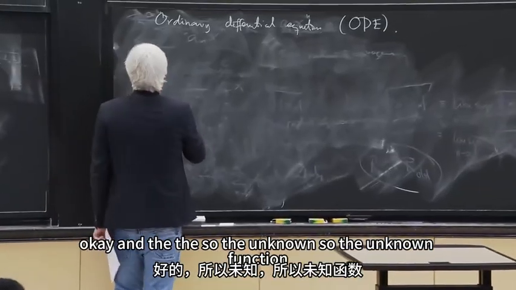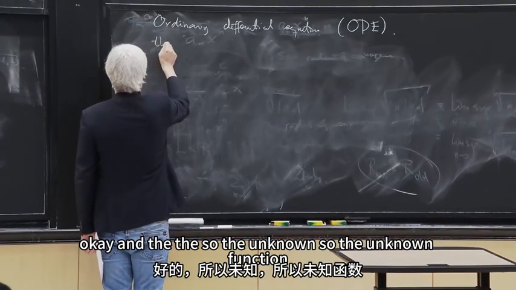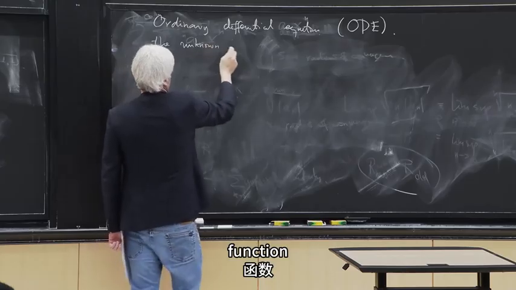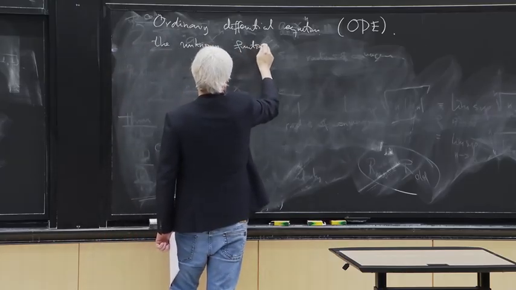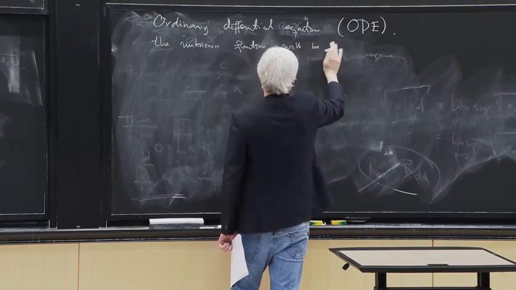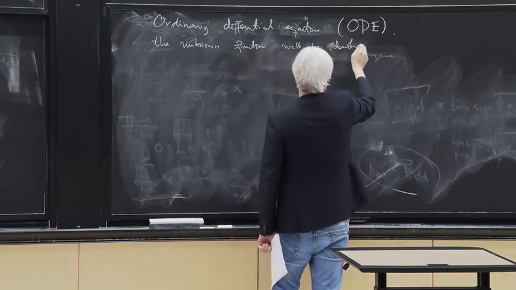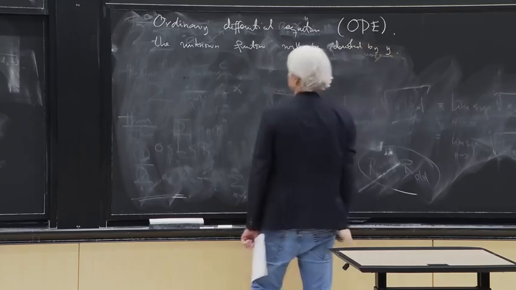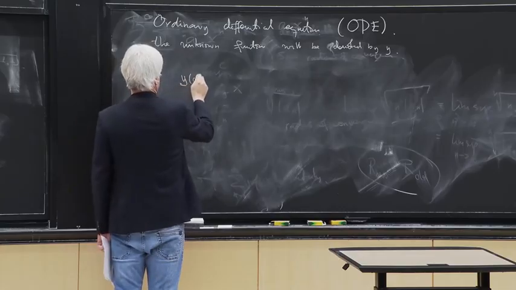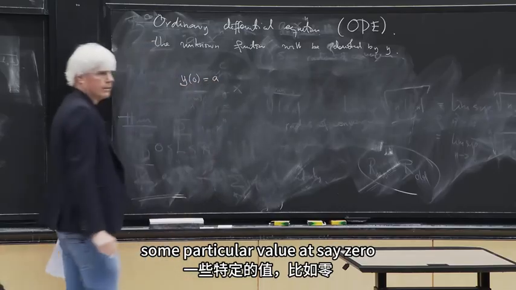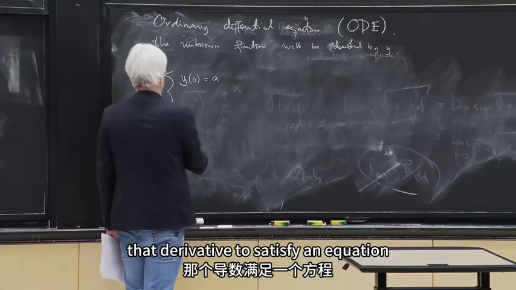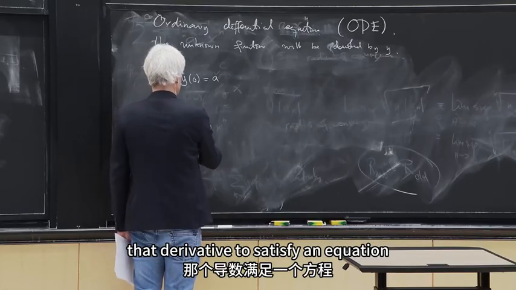Okay, and the unknown function will be denoted by y. And the equation that we're looking at is that we want some particular value at, say, 0. And then we want the derivative to satisfy an equation.